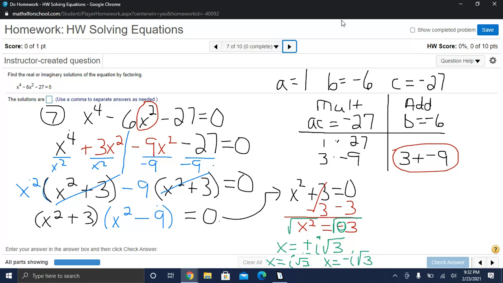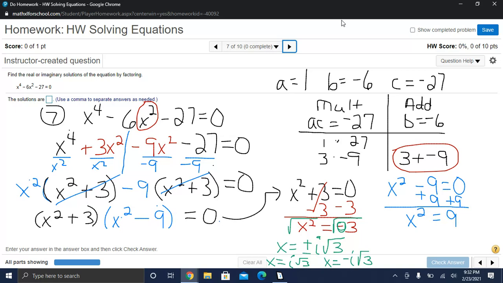For my other parentheses, which was x squared minus 9, you'll probably have a second parentheses where you add a number to both sides. And so you'll have x squared equals a positive number.